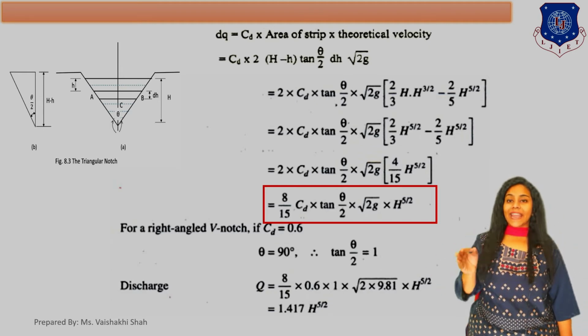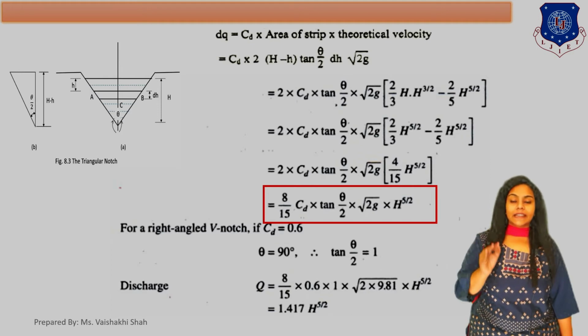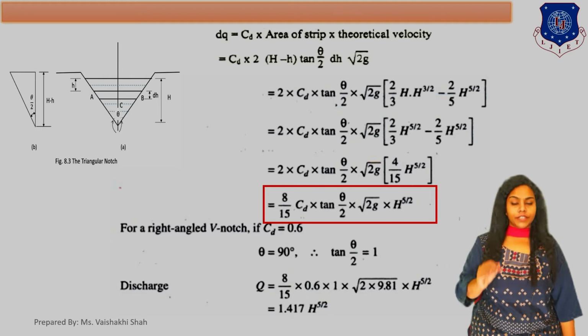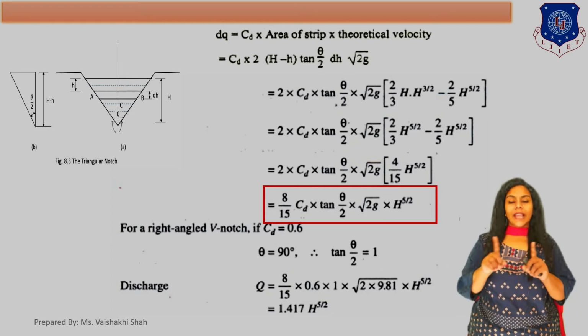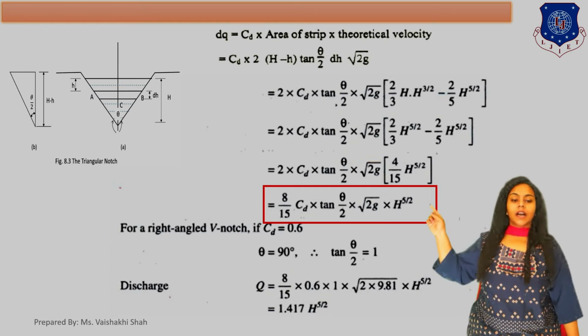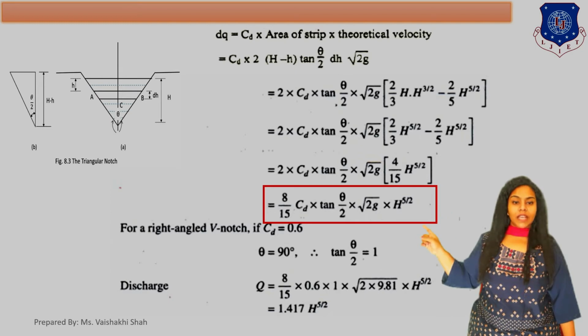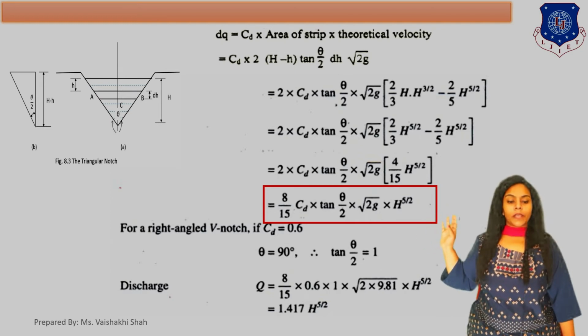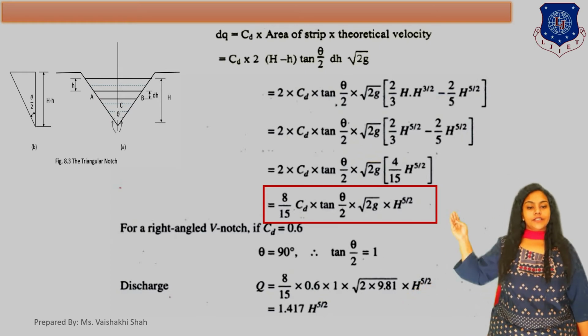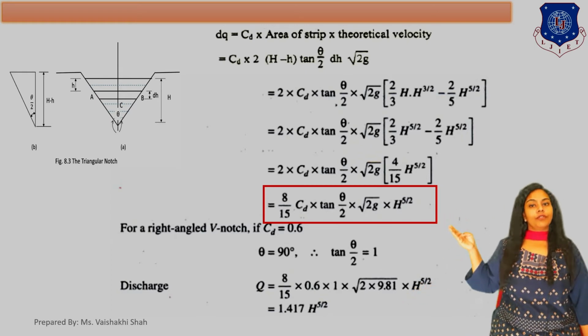Remember that 8 by 15 CD, where CD is the coefficient of discharge, tan theta by 2, where theta is your angle of the triangle, into root 2g into H raised to 5 by 2. So this is your final equation of discharge through a V notch.